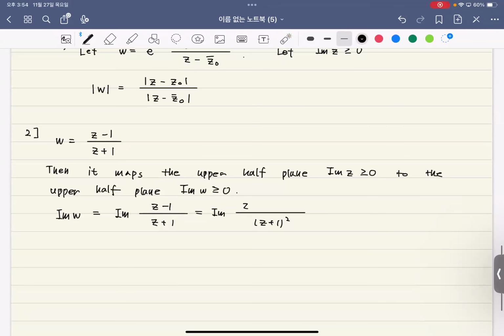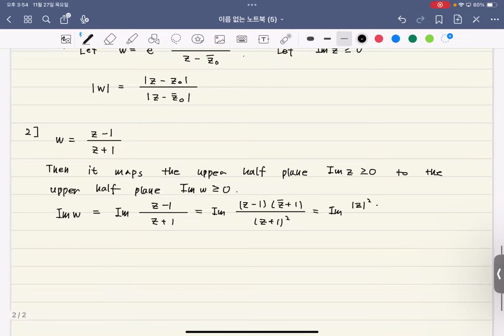So z minus 1 times z bar plus 1, and this is z squared plus z minus z bar minus 1, everything over z plus 1 squared.